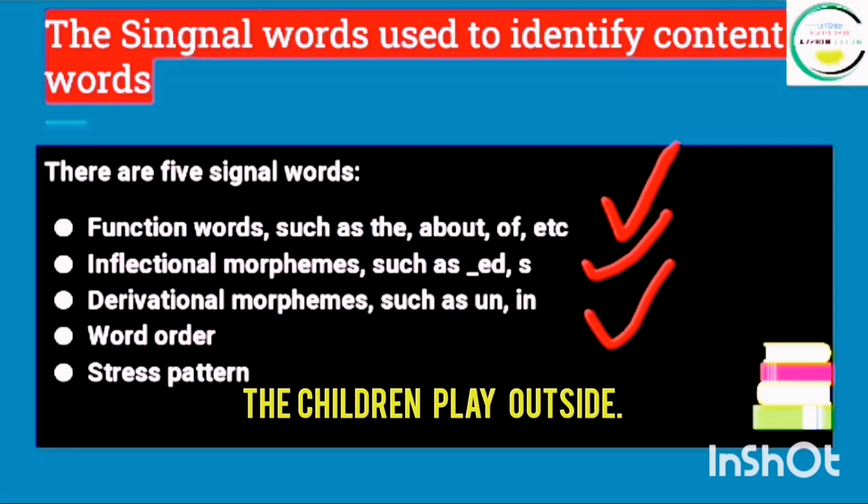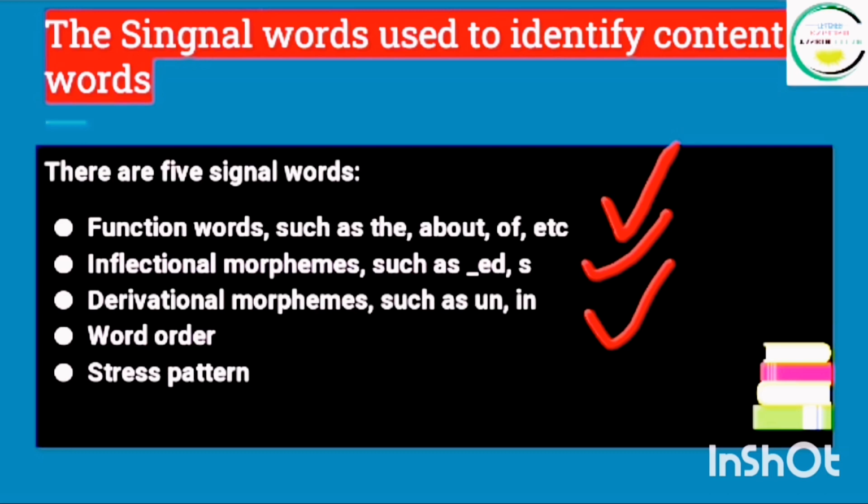For example, the children play outside. So here, children is a noun because it is used as the subject of the sentence. So we may use word order to identify content words in a sentence.